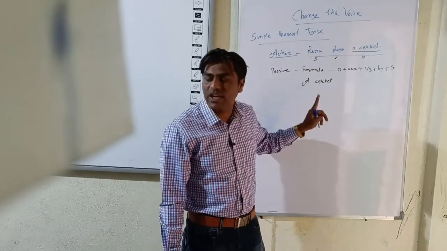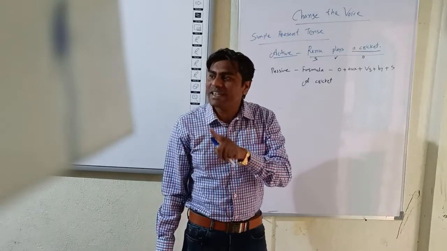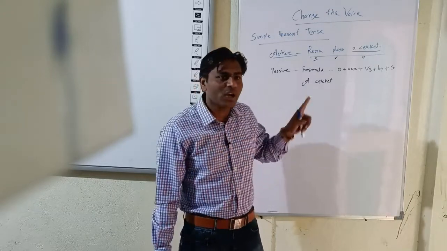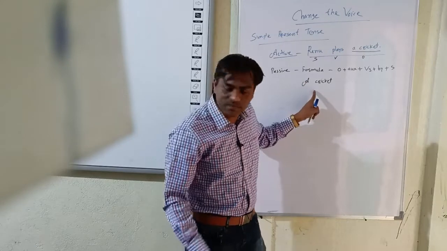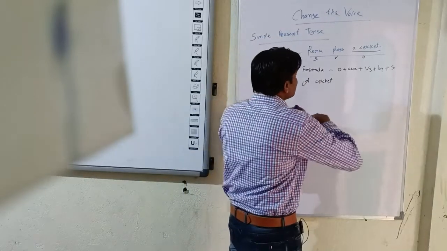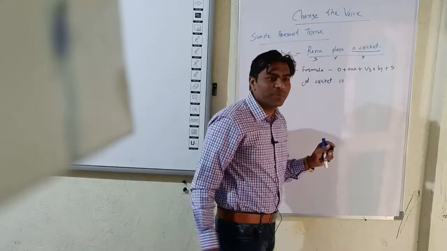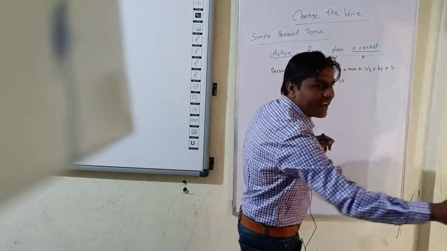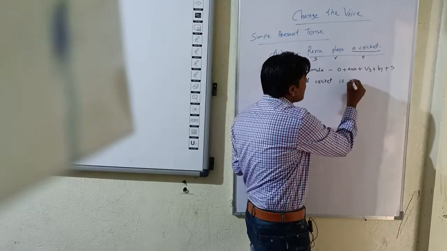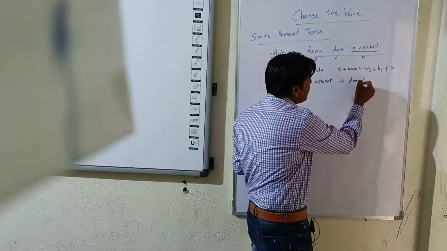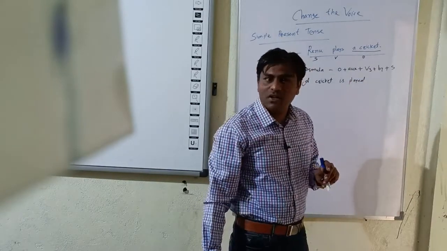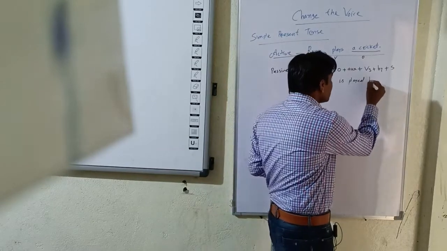After the cricket, we have to use the auxiliary verb is, the singular auxiliary verb, because this object is singular. So I use here is, and then the verb's third form, played, then after played, by.